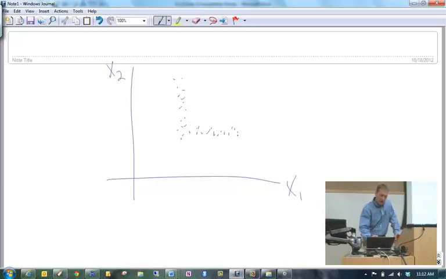Here's a scatter plot of x1 and x2. So we can see the minimum value of x1 is here. I'm sorry, the maximum value of x1 is there. Here's the min. And here's the min. Here's the max.